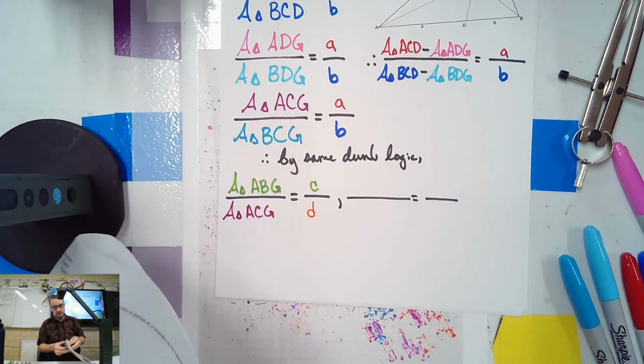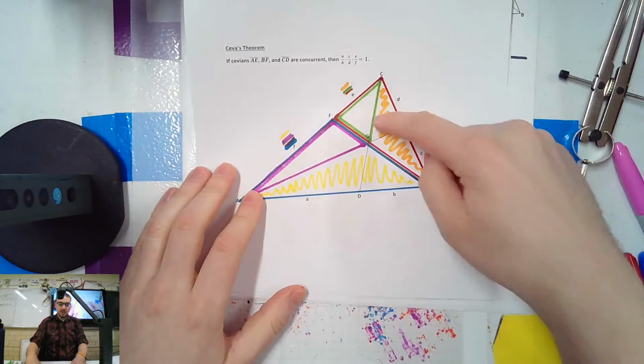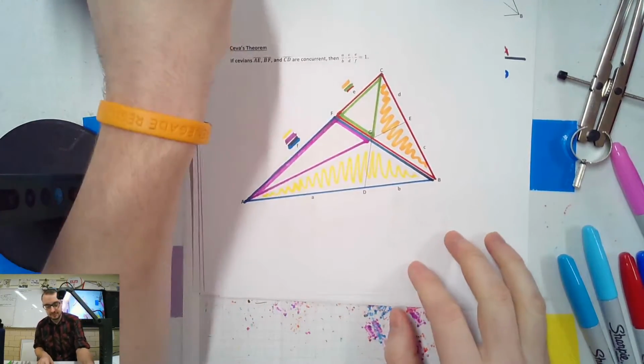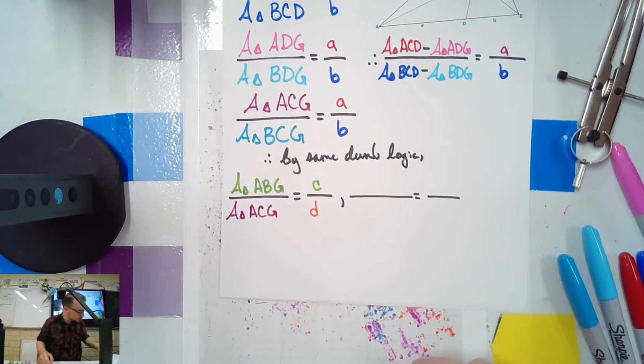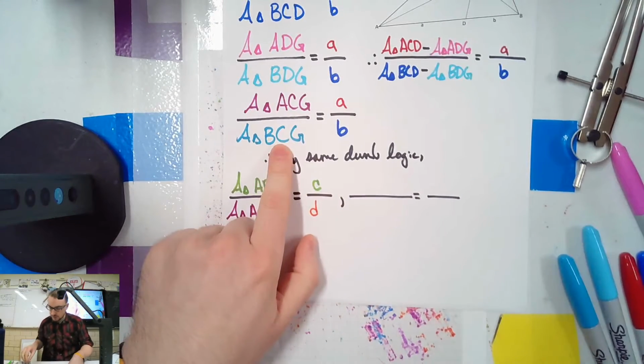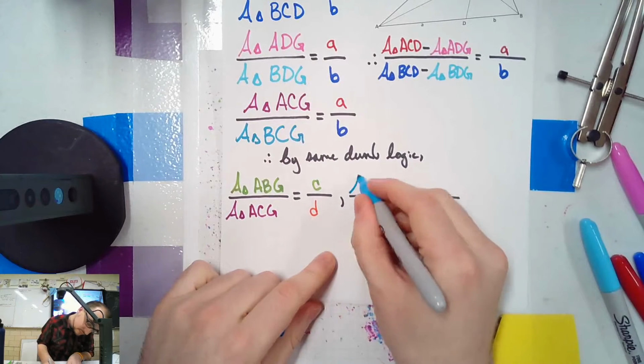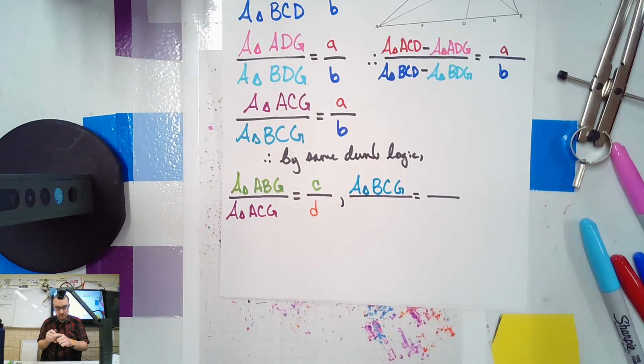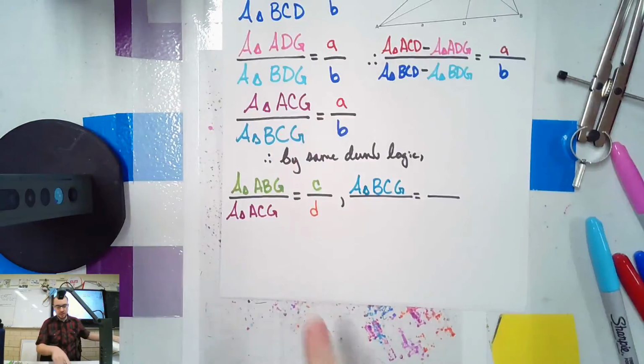And then I also know, by the same dumb logic, these should go with E and F, right? And I've already used this one. That's triangle BCG, so it's this guy, to go with this guy, ABG, which I used here.